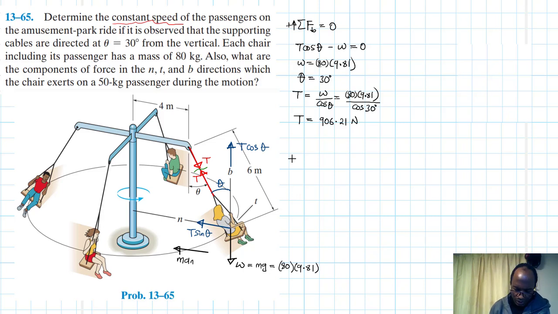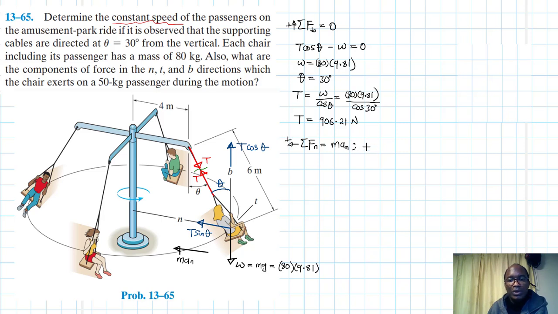So this is our T. Then we can go along the N axis. The summation of forces along N is equal to m a_n. We are going in that direction, so it is positive.